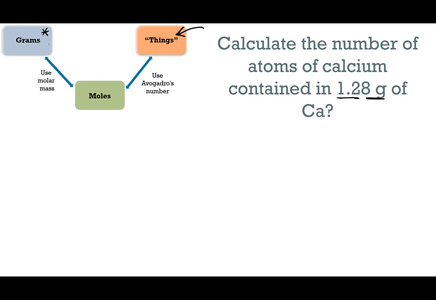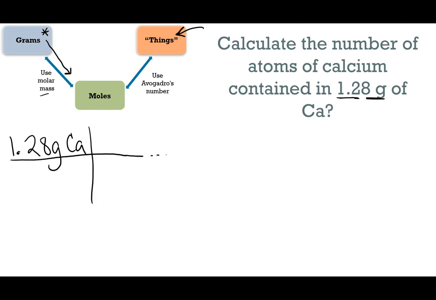So my first step is going to be grams to moles. And to do that, I'm going to use molar mass. So for every unit conversion problem that's ever existed in chemistry, ever, we first write down the information that's given. So 1.28 grams of calcium.